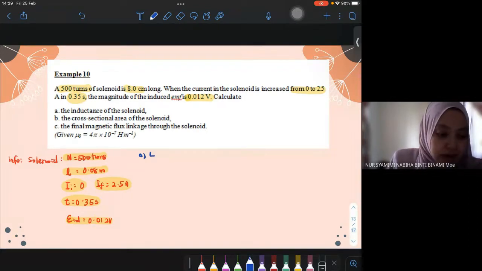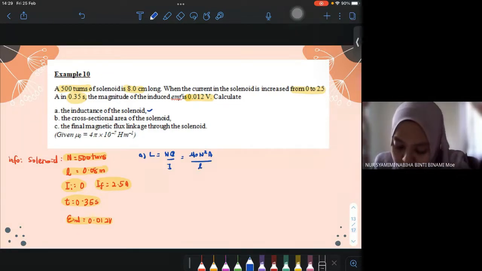So L is equal to, what is the formula for L? N flux over I. Ataupun sebab dia ialah solenoid, the formula inductance for solenoid ialah mu naught N square A over L. So which one yang kita nak guna?